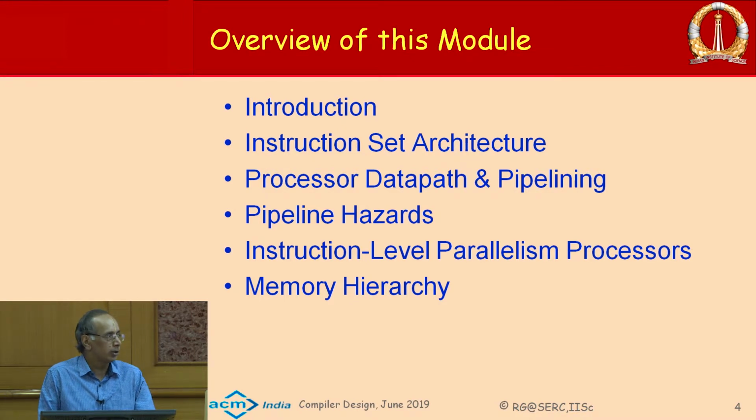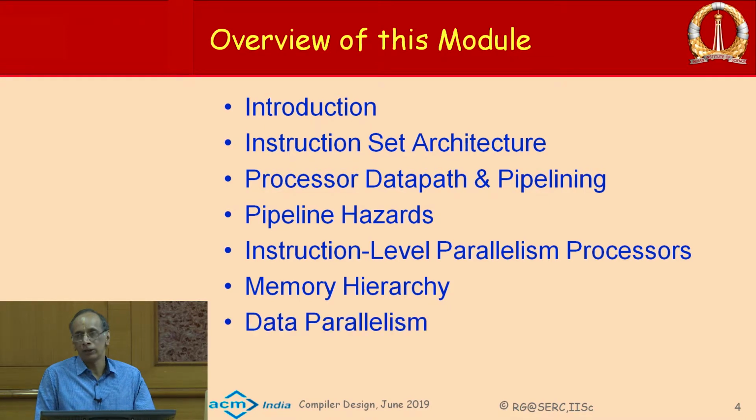So what are the optimizations that are possible? We will talk about that, and in order for us to talk about that, we need to understand the memory hierarchy well. So there is a very quick primer on memory hierarchy that we will do later on Friday, and we will also talk very briefly about data parallelism so that we can understand how to generate code for exploiting data parallelism, right.